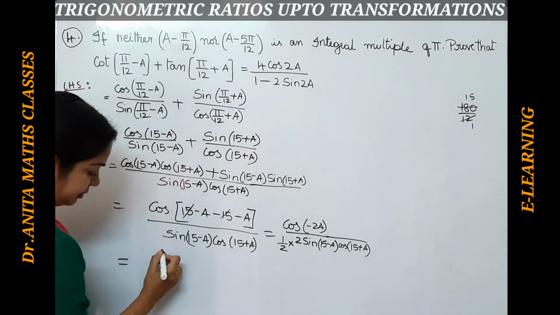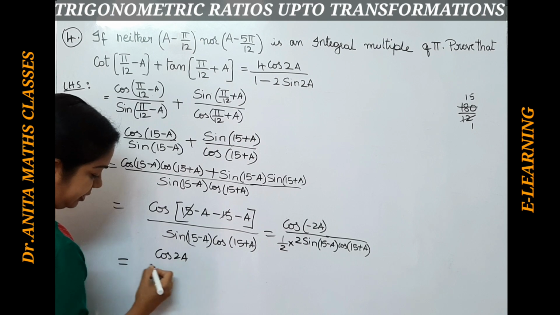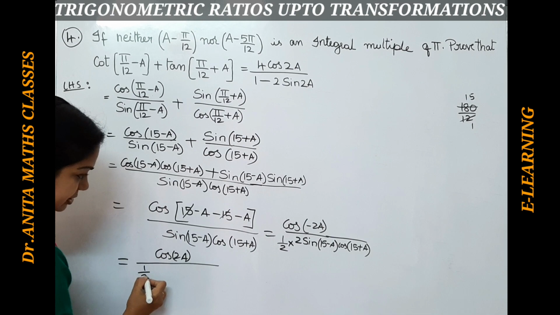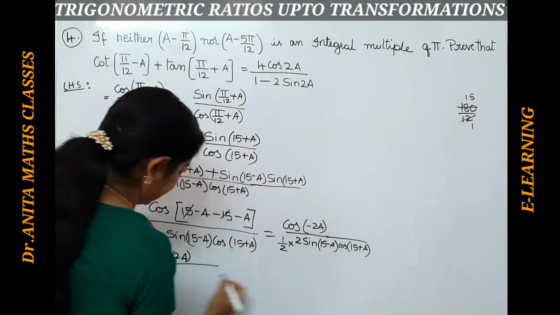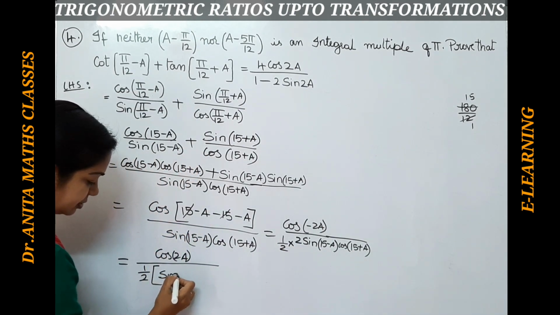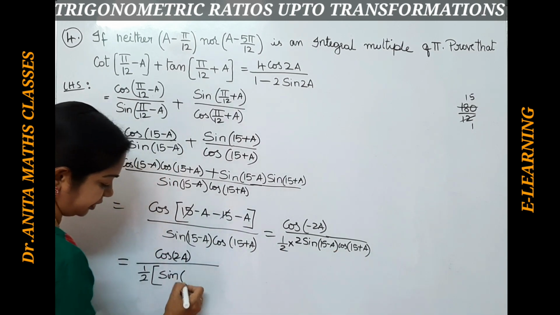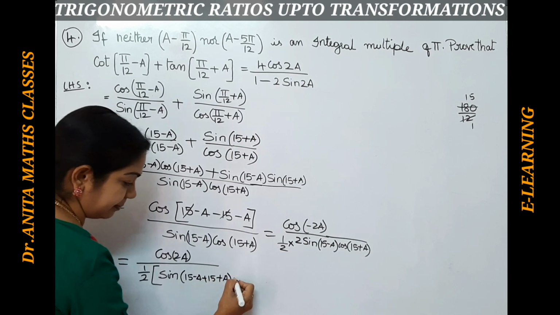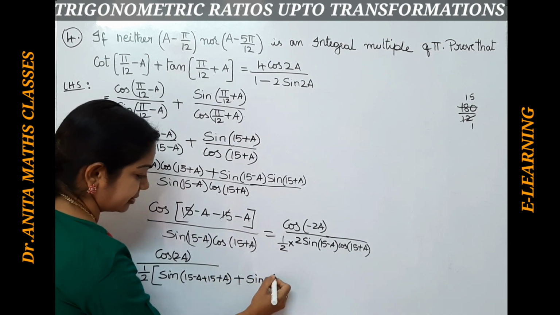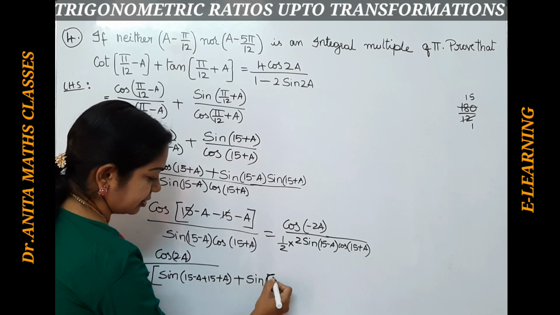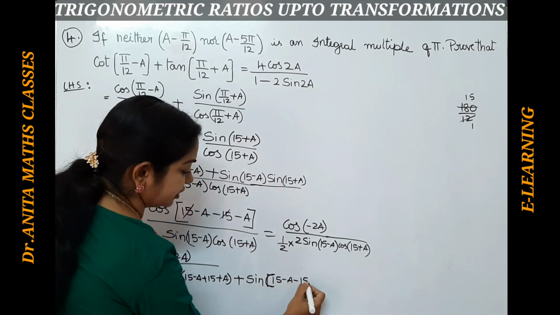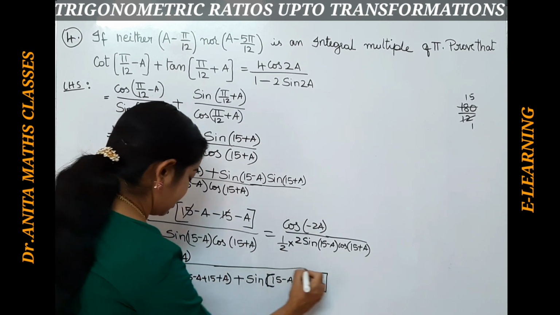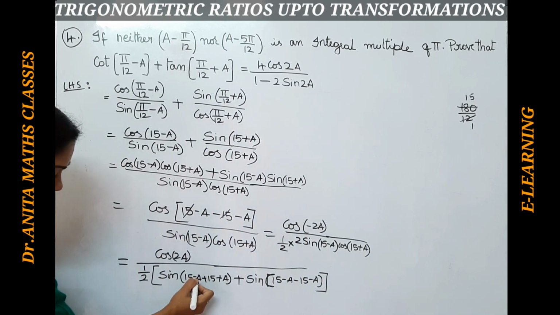Here it becomes cos 2a. Minus goes off here. Let us take 2 as it is, 1 by 2 into 2 sin A cos B, which is sin(A plus B) plus sin(A minus B). If you take 15 minus a plus 15 plus a, we can cancel off a and a here.